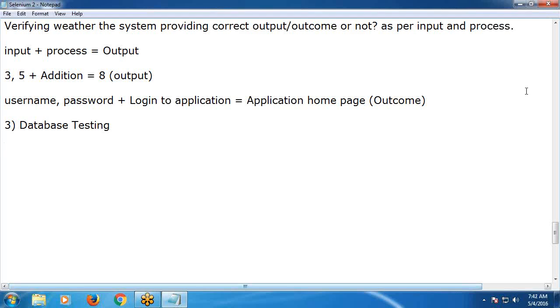Okay. Now tell me, Suleiman, what we test in this area of testing, database testing. In this scenario, database testing is a subset of functional testing. What we test in this area? In database testing, we will test whether the data are stored properly in the database.